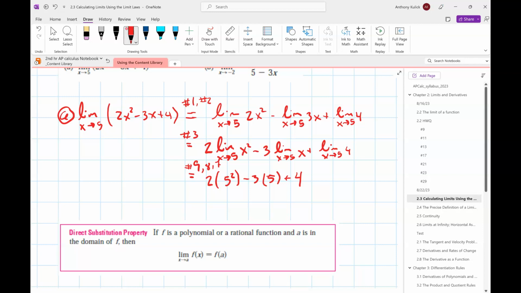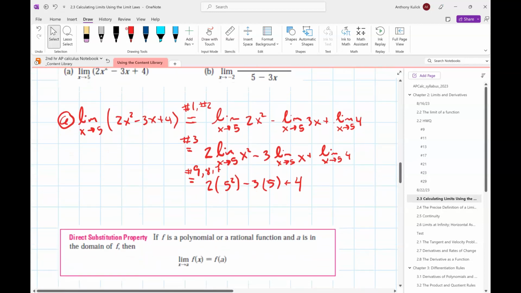Yes, Elena. We have to put the limit notation, like limit of f(x) equals whatever that number is. So that's why I have just the equal signs going down.